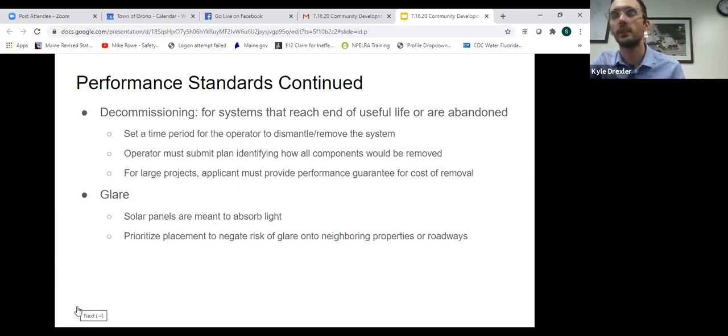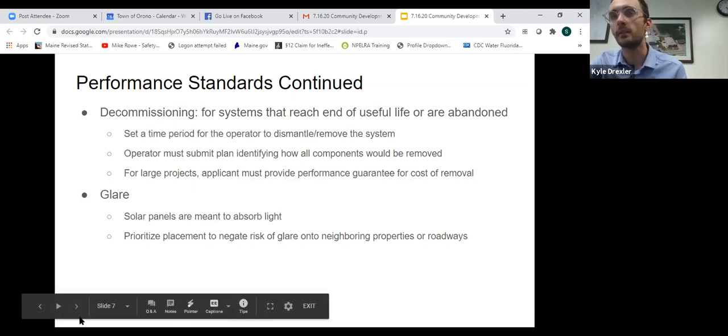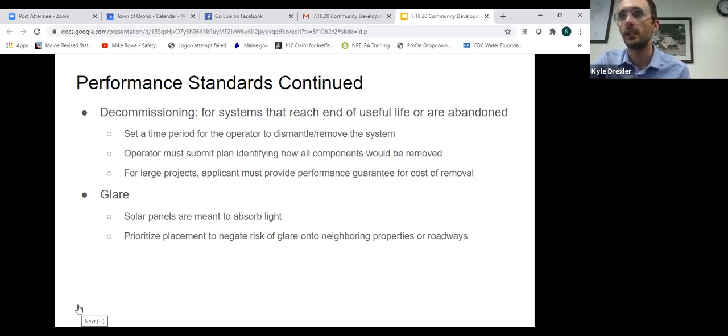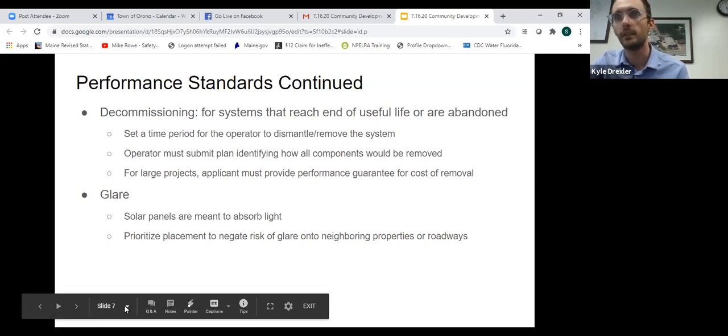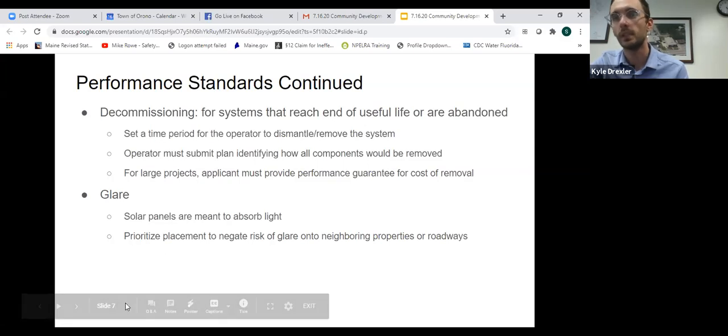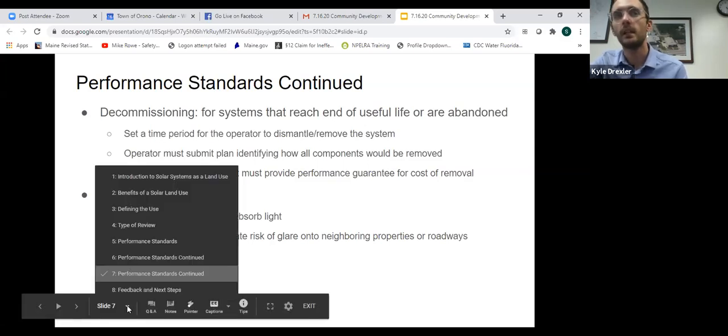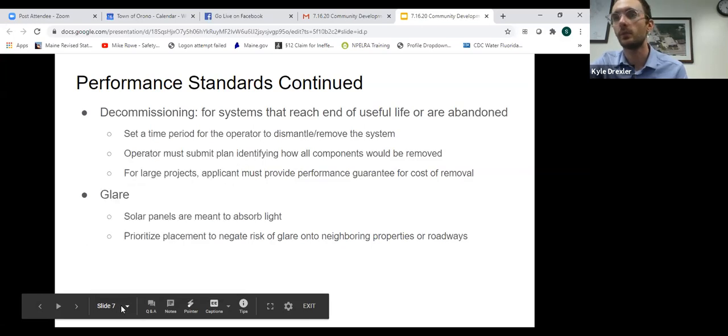That would be for situations where you had a principal use, a structure already existing. Just like we do with parking, we encourage it on the side and the rear so that you don't have that visual impact of the parking in front of an existing structure, whether it's a store or an apartment building or whatever. This would be something similar, where if it's possible, you would encourage the operator to locate it in a place where it's less likely to cause issues for the surrounding area.